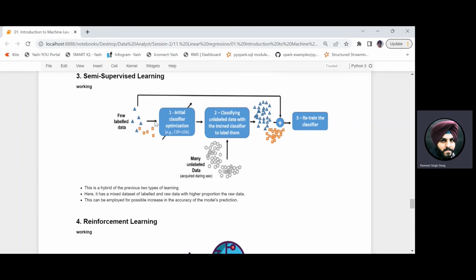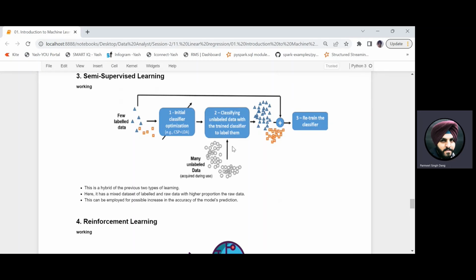I can apply the supervised machine learning algorithm. But when I get the unlabeled data, I would feed that into the unsupervised machine learning algorithm, and it would identify the patterns for me. If it has three sides, my model can identify that yes, this is a triangle. If it has four sides, the model can identify that it is a square.